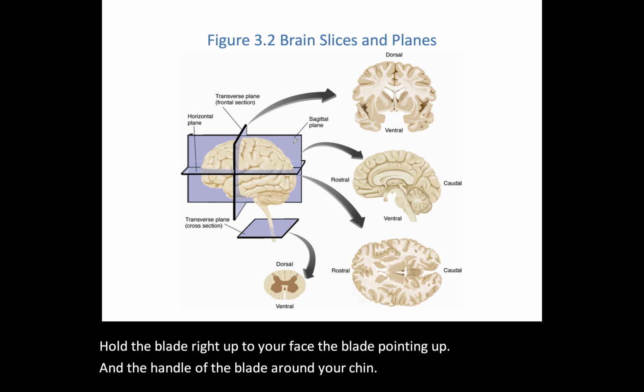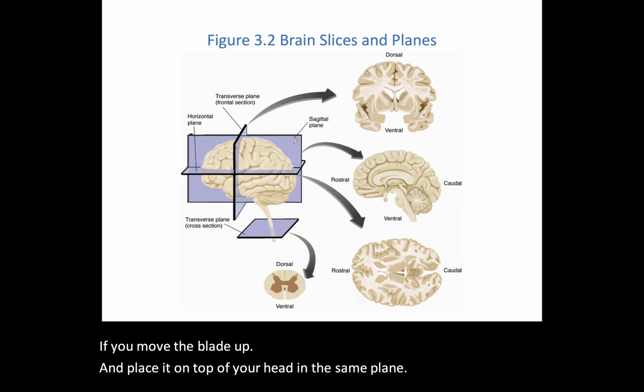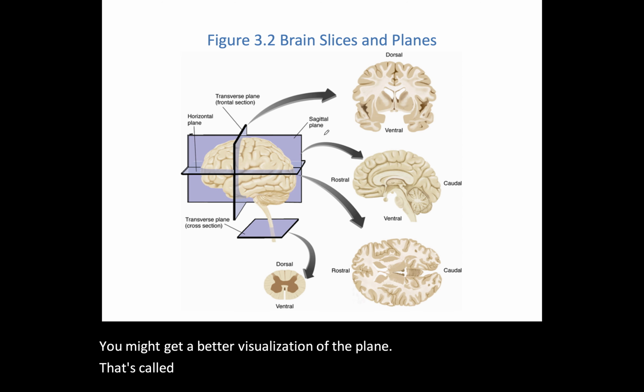This is the plane we're talking about. If you move the blade up and place it on top of your head in the same plane, you might get a better visualization of the plane. That's called the sagittal plane. Sagittal. And this is the only name.